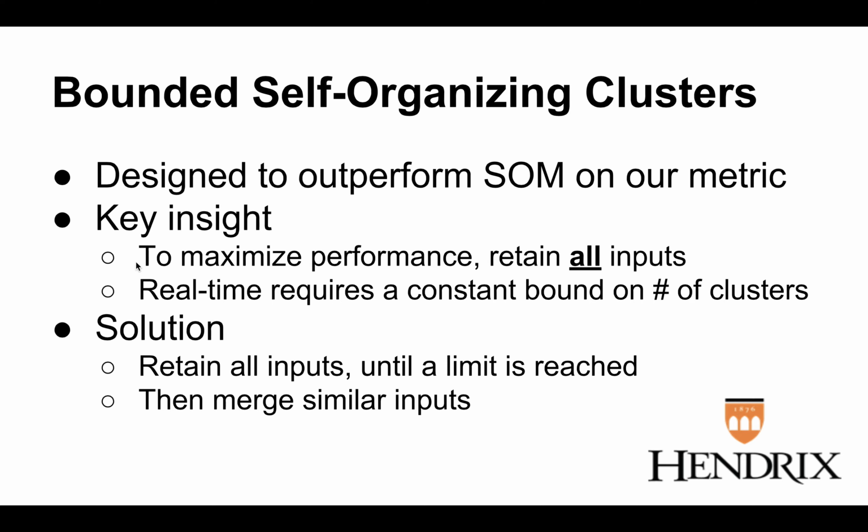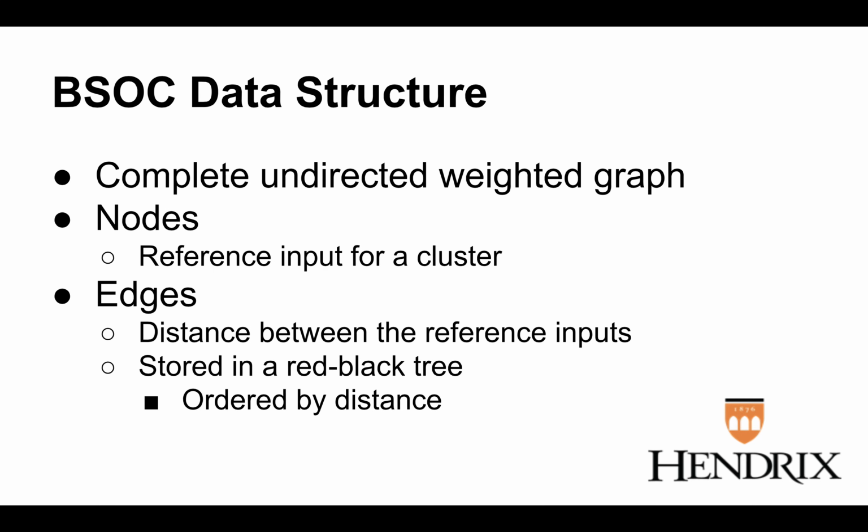Then every single input has a perfect match among the clusters, and the metric is good. Of course, that's not a real-time clustering algorithm because the number of inputs is continually growing. So we need a constant bound on the number of clusters. The solution I'm investigating in this work is to retain all inputs until a limit is reached, and once that limit is reached, begin merging similar inputs.